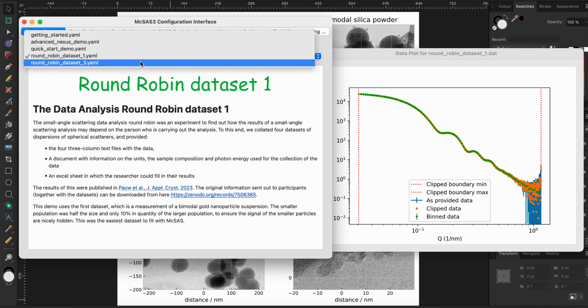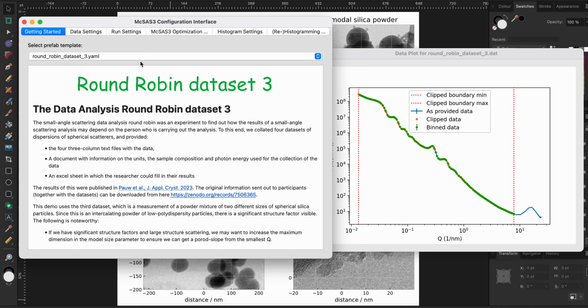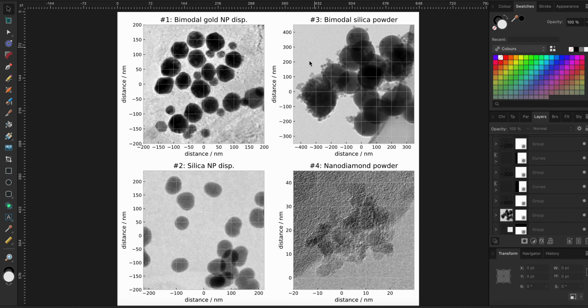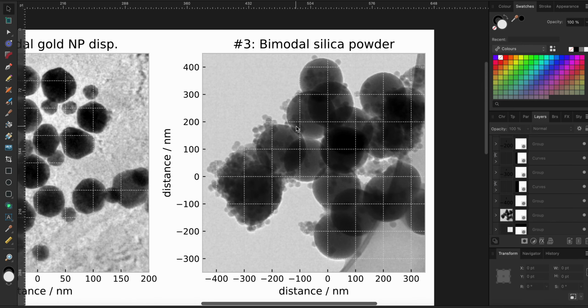But I actually want to show you data set number 3 because that one is kind of tricky, right? You see this data set, it's got 2 populations of silica in it, and if you look at the electron micrograph, you'll actually see these 2 are different by about a factor of 10, right?